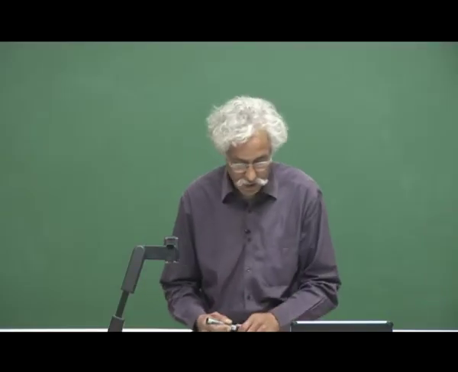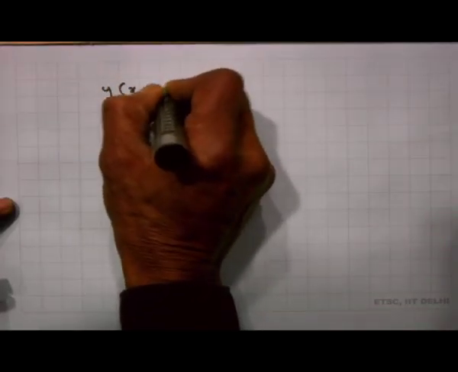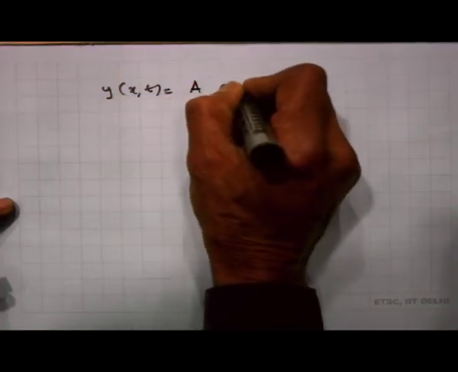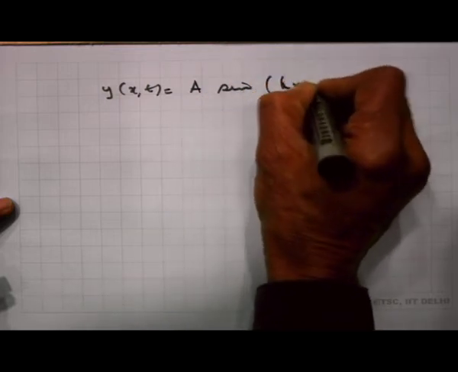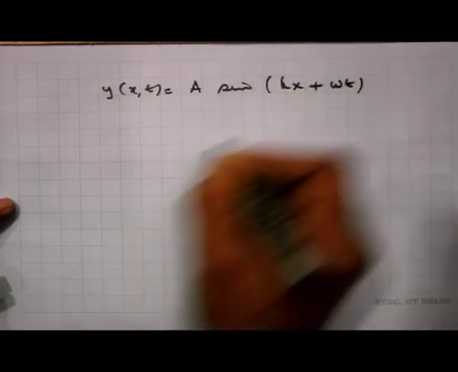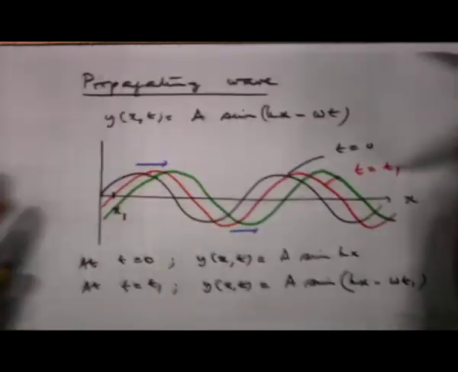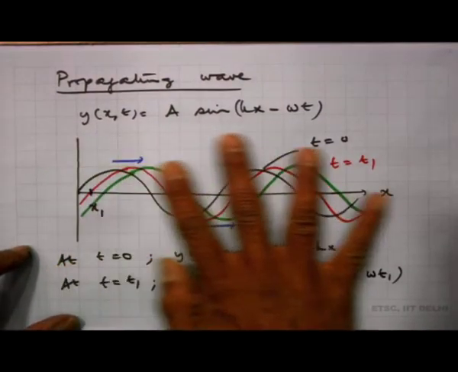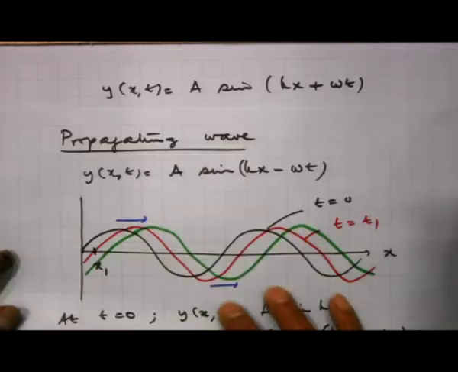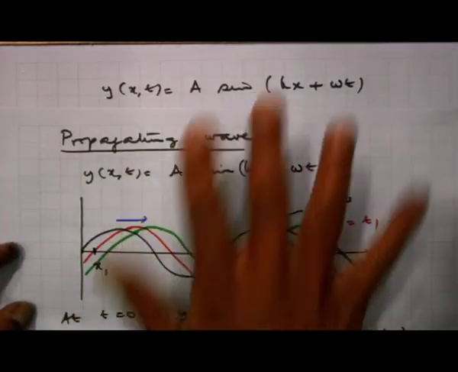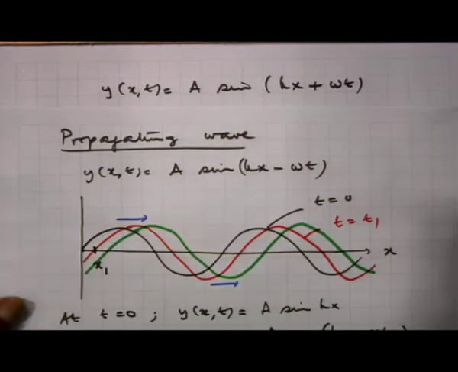Now, I will leave it to you to discuss that a wave represented by y of x, t is equal to A sin(kx plus omega t) represents a wave going in the minus x direction. If this is a wave going in the plus x direction, I would like you to argue, as I have done, that this wave goes in the other direction.